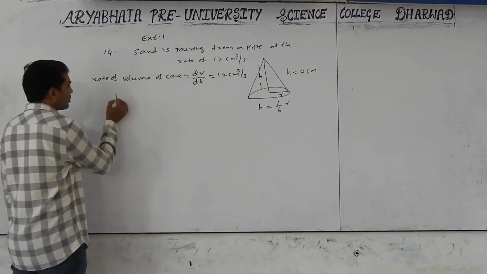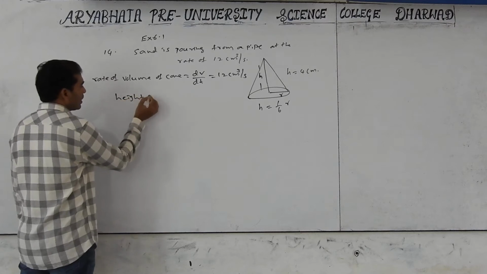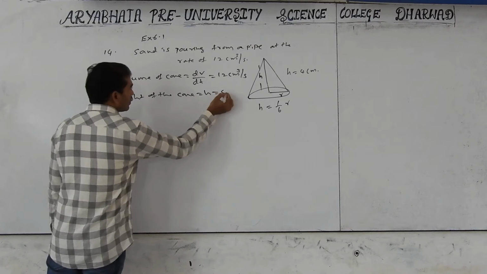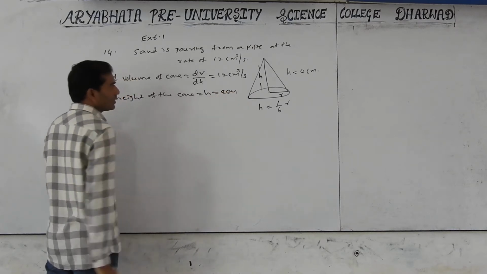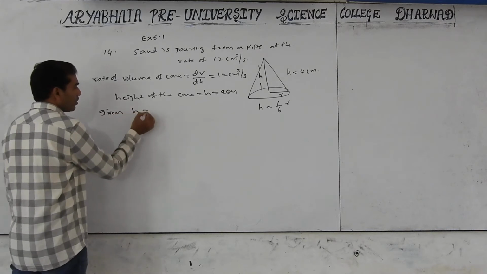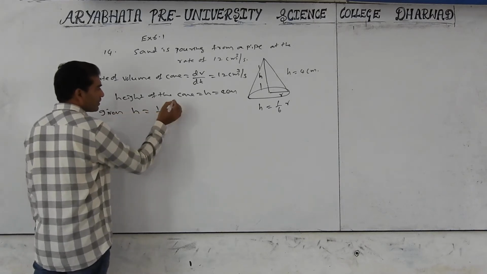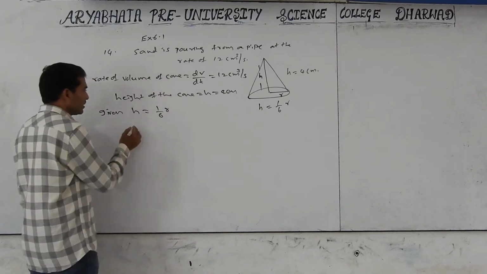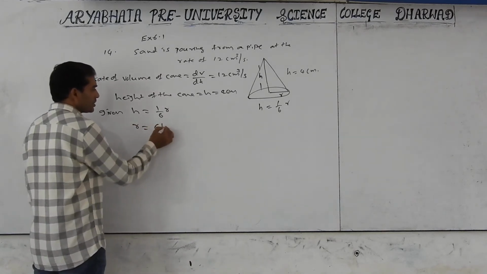Next, height of the cone h equal to 4 centimeter. Given condition, height of the cone equals 1/6 of the base radius r. So r equal to 6h.